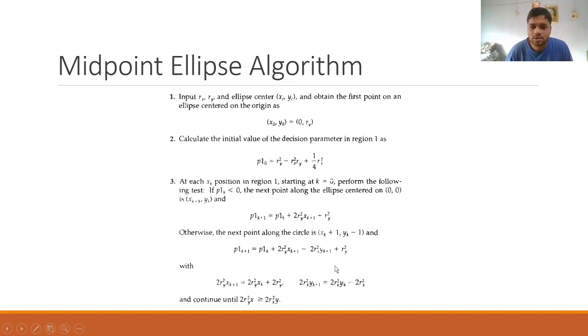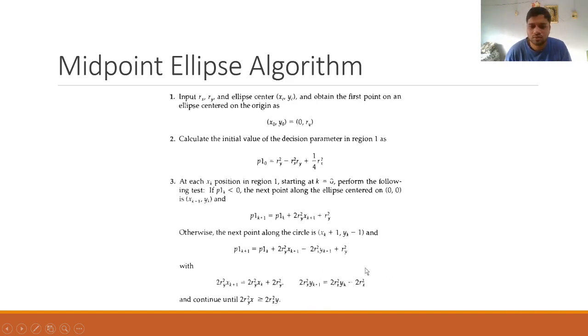With this, 2 ry square xk plus 1 equals 2 ry square xk plus 2 ry square, and 2 rx square yk plus 1 equals 2 rx square yk minus 2 rx square.